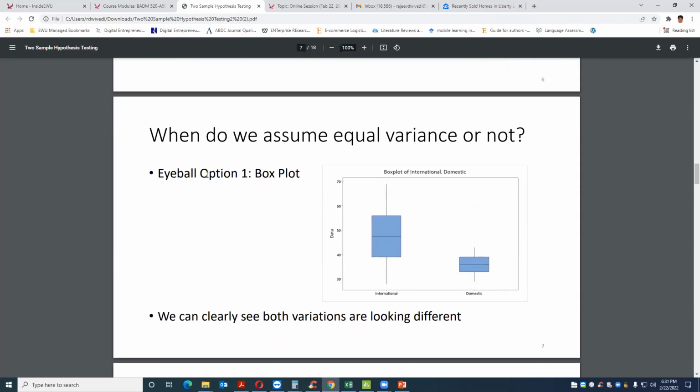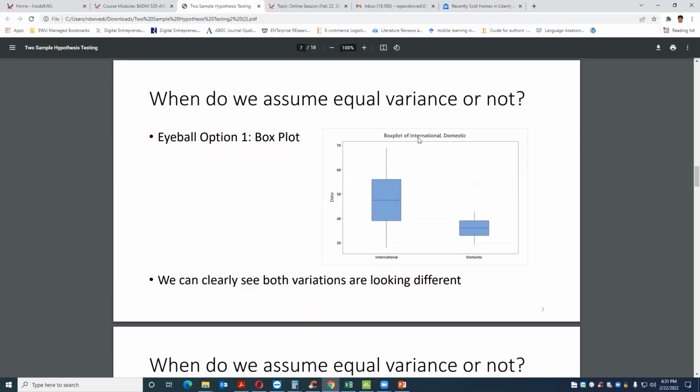And now, assuming equal or unequal variance. This is the eyeball option, to plot the box plot. For example, you can clearly see this is the international one and this is domestic. You can clearly see they are not overlapping. You can't see they are similar. So you can say this is the unequal variance option.